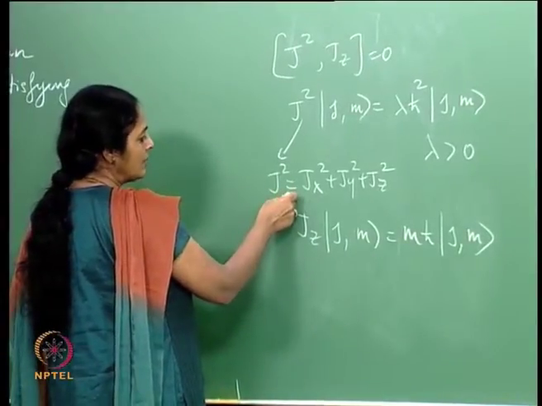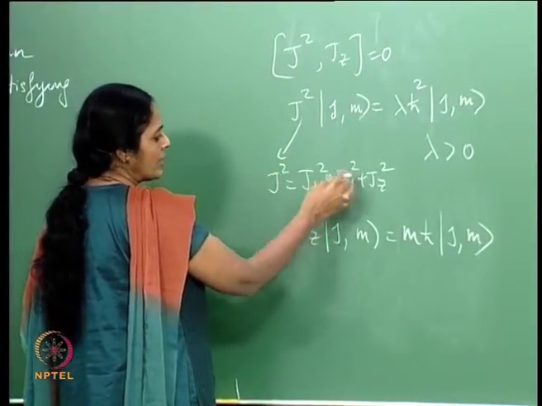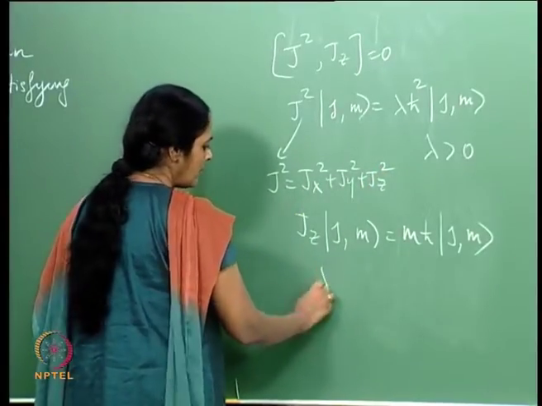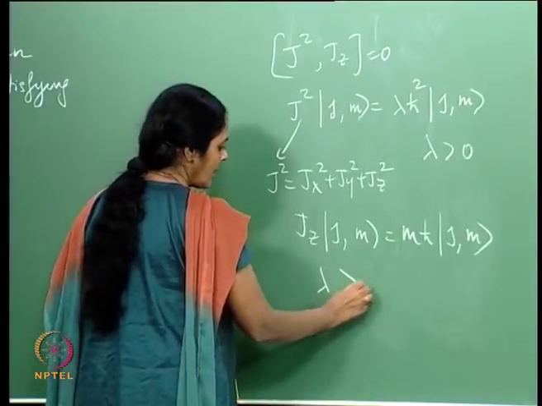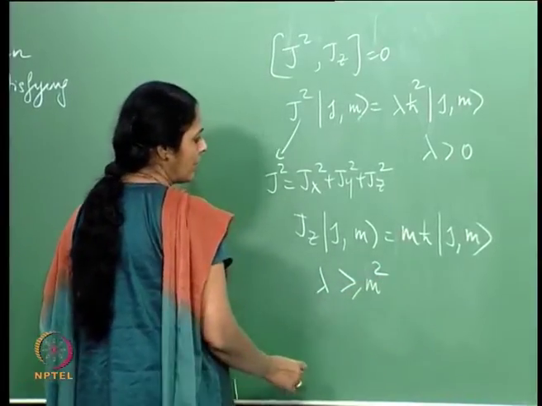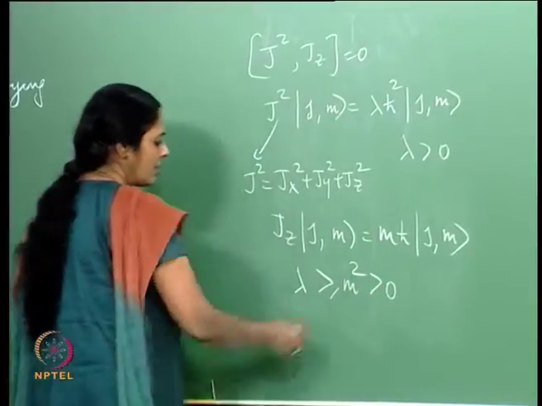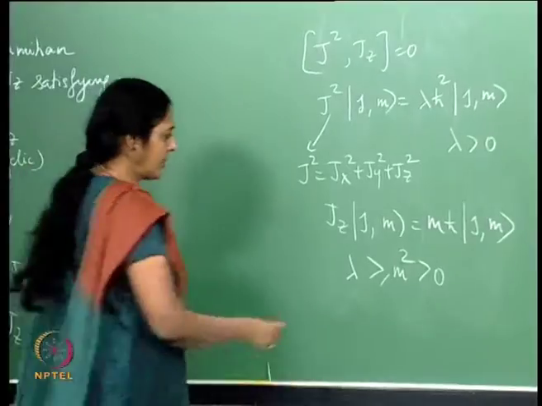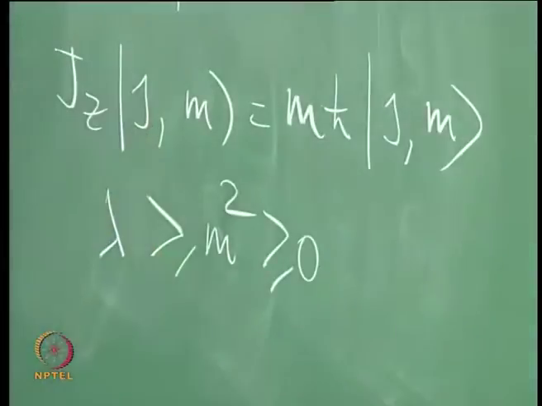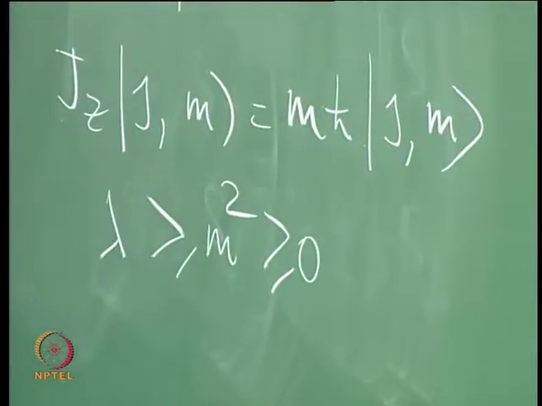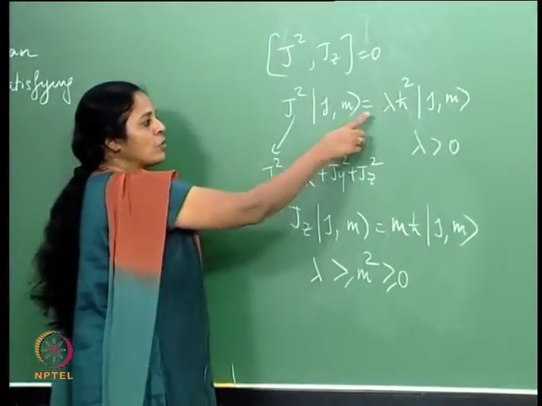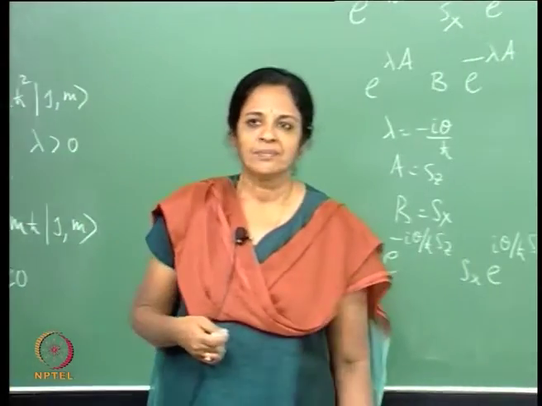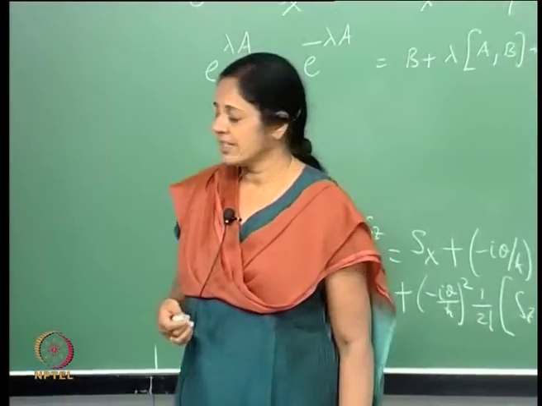One thing is clear, that since J squared is Jz squared plus some positive quantities, lambda is greater than or equal to m squared, and m squared itself by its very nature is greater than or equal to 0. So this is evident. We now need to find out the set of values that lambda can take and the set of values that m can take.